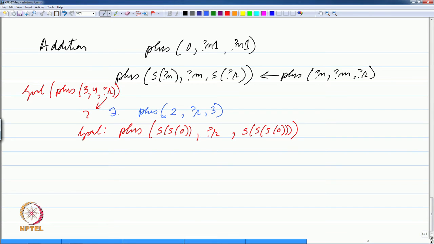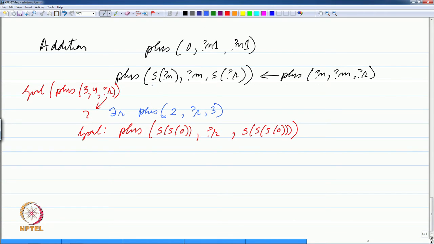So, there exists an R, plus 2 R 3. Is it true that this formula is true? And then of course, if you can find out that it is 1, then you will find that it is true. Now, we can just repeat this process that we did in the last class very quickly.